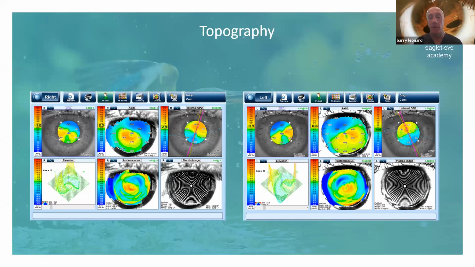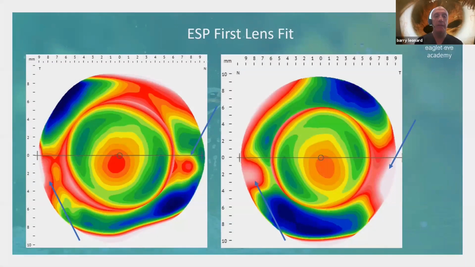You could even look at an RGP, but as we know, it's always hard to get those to perch on these unusual shaped corneas post LASIK. And with the dry eye, we said, let's move right into sclerals. She had looked into that a little bit, and that's also the direction she wanted to go. So the next step was running her on the Eaglet, and these are some of the first looks at her eyes that we could see.